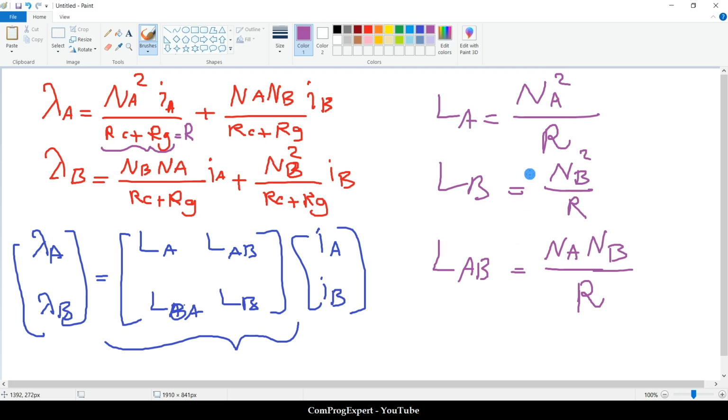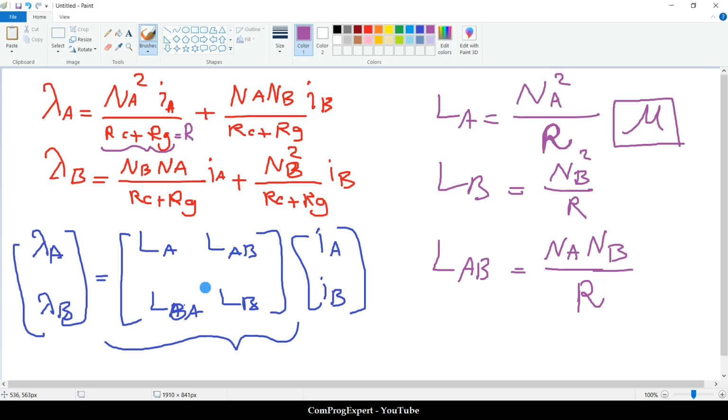So we know that the reluctance is not constant for nonlinear materials. For linear materials, the reluctance is constant, and this matrix is constant, right? Because the permeability of the core is constant. But for nonlinear materials, no. This inductance matrix is nonlinear.